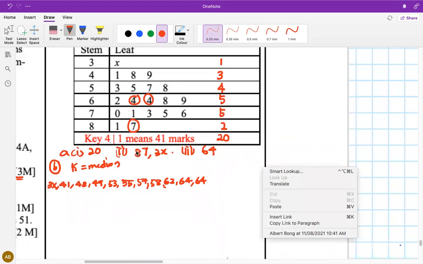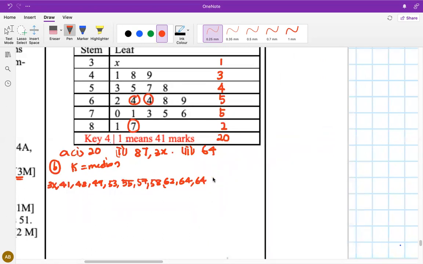In ascending order, 64, and then 68, 69, 70, 71, 73, 75, 76, 81, and 87. So the total is 20 just now, right? We know already.